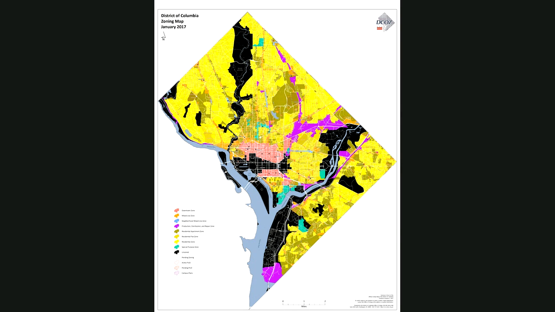If we scroll down, we can kind of see the legend down here. So we've got a downtown zone, mixed use zone, neighborhood zone, production, distribution, and repair zone, apartment zone, special purpose zone. So each color has a different meaning, and each area is limited to that use.